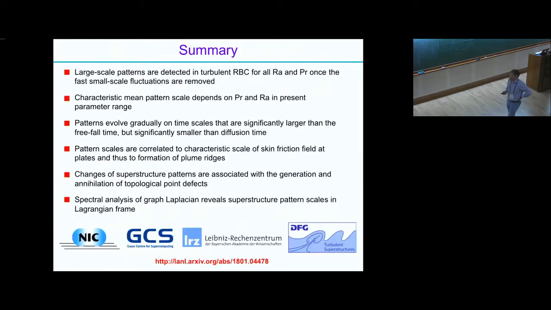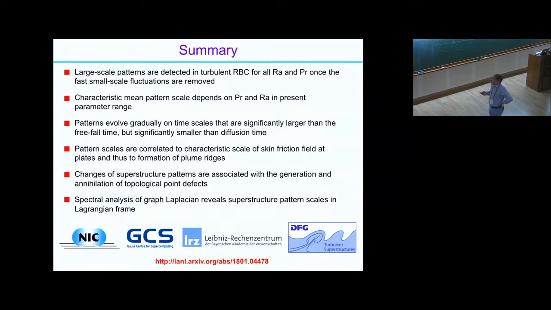Okay, good. That brings me to the summary. I have shown you that large-scale patterns are detected in turbulent Rayleigh-Benard convection for all Rayleigh and Prandtl numbers once we remove the fast small-scale fluctuations, and we term these structures superstructures. They have a characteristic scale, which is something like the horizontal diameter of the circulation roll, and this depends on Rayleigh and Prandtl, as we have seen.